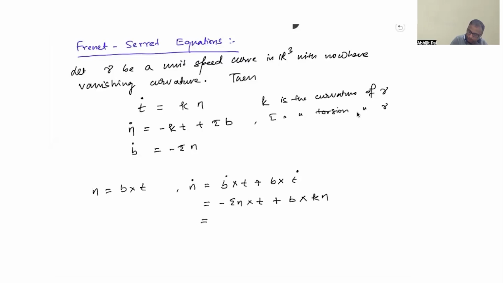So this is minus of this B plus k times minus of this unit tangent vector T. Therefore, this will be equal to minus k T plus tau B.